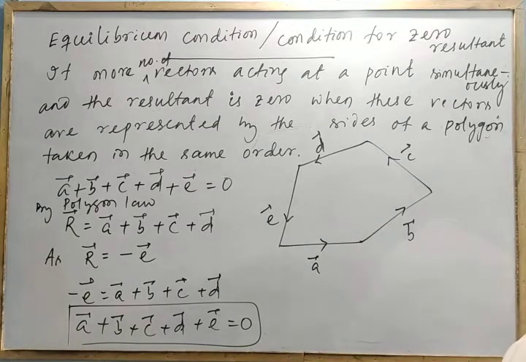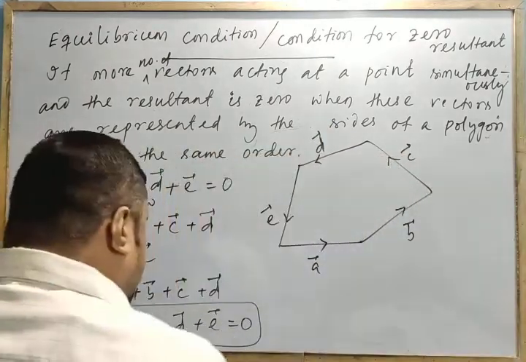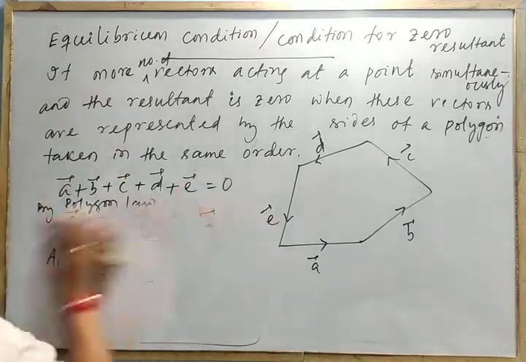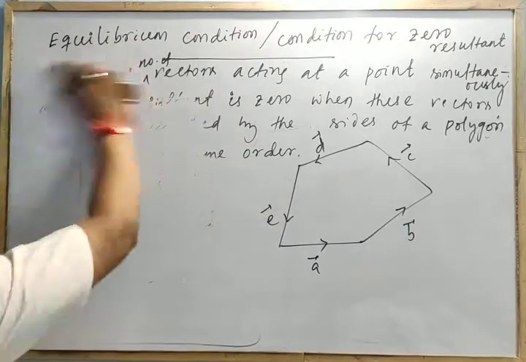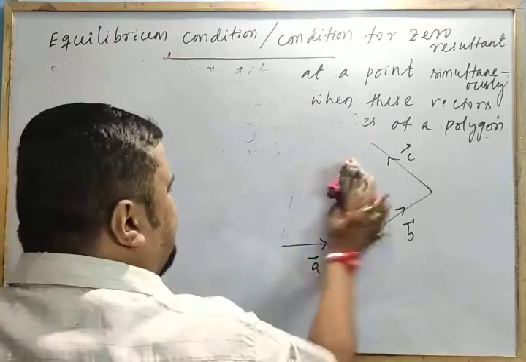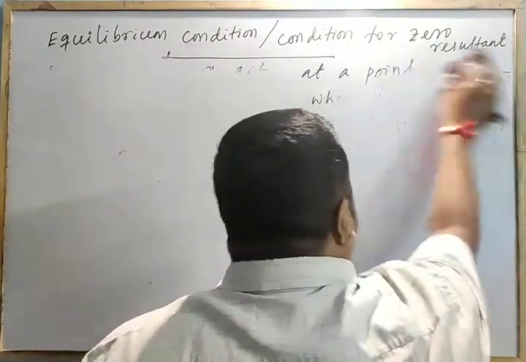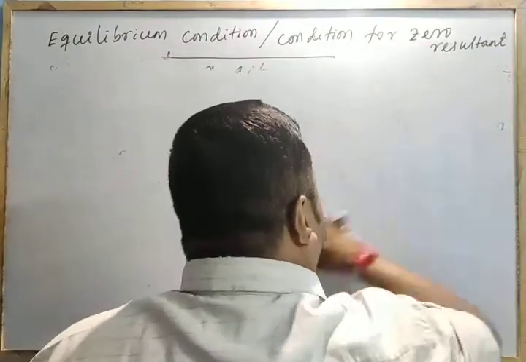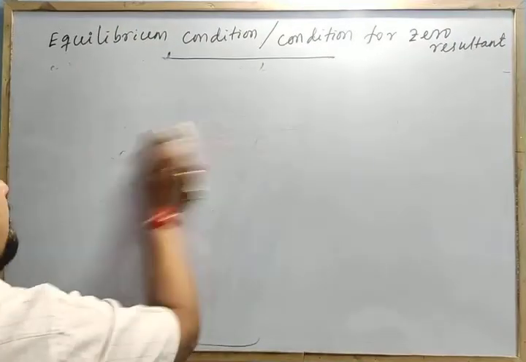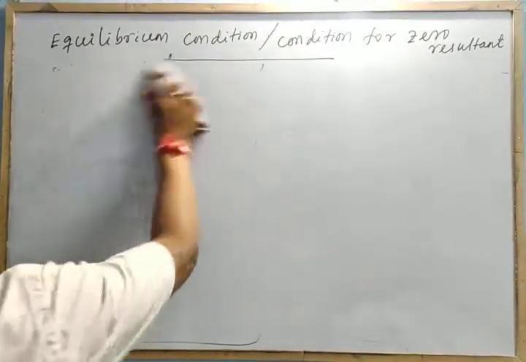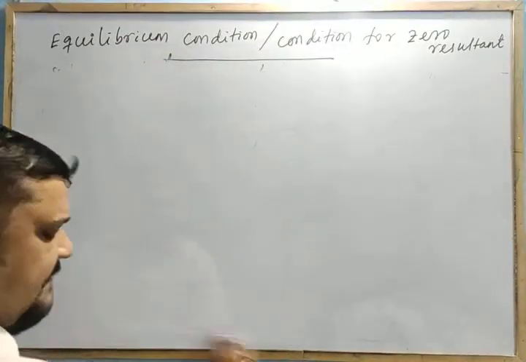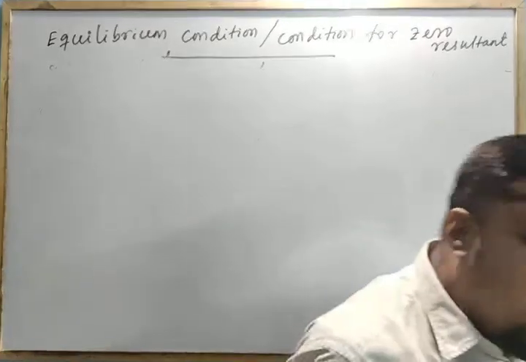And remember one thing. There is a term that comes here: the equilibrium vector. From here you will get the definition of the equilibrium vector. What is this equilibrium vector? When a number of vectors act on a body or at a point and the resultant is 0, that is the condition of equilibrium.